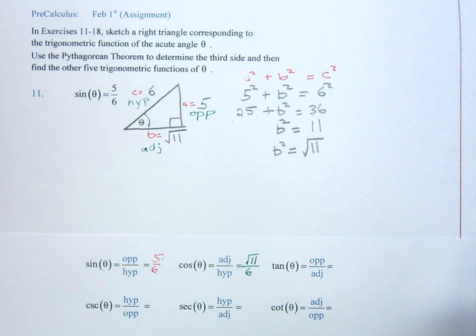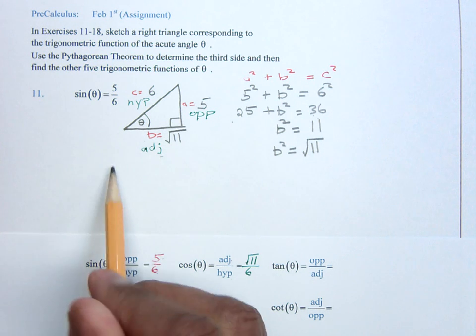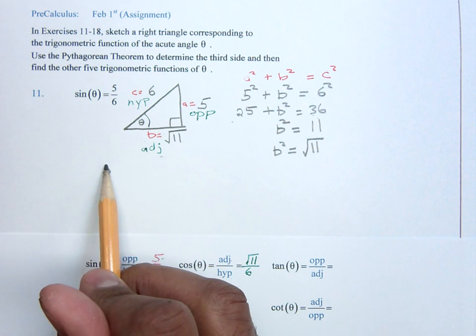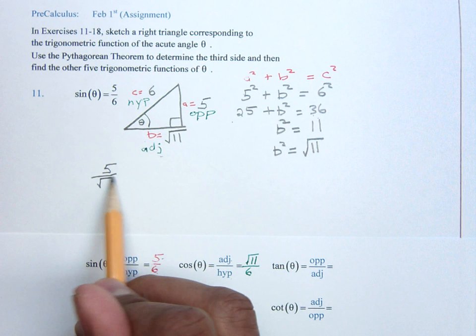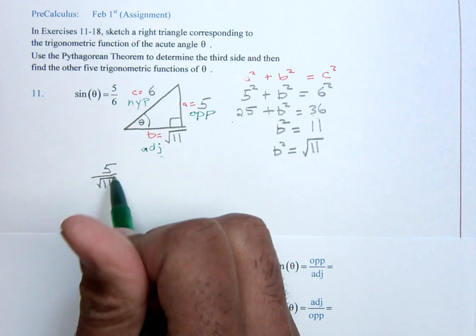And our tangent is going to be the opposite over the adjacent. I'm not going to write it here just yet, because we need to simplify it. The opposite is 5, the adjacent is radical 11. So the answer to this is 5 over radical 11. But remember, we're not allowed to leave our answer with a radical on the denominator. We have to simplify that, or rationalize our denominator.